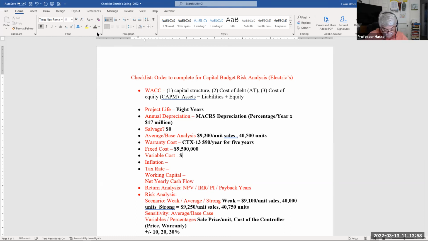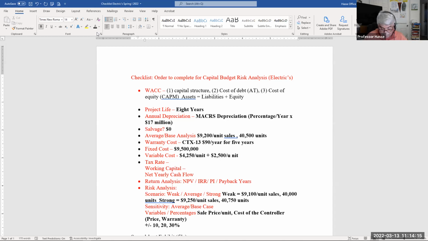Labor cost, no matter what scenario, it's the same, $4,250 a unit, plus the parts cost of $2,500 a unit, plus the CTX 13 cost of the controller, $1,280. Those are the per unit costs.